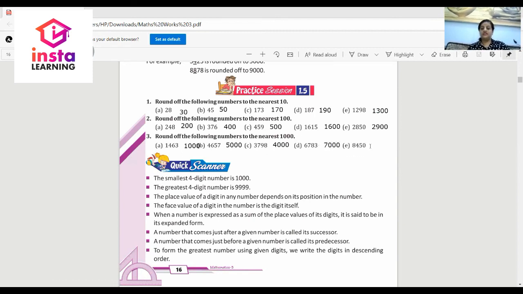Next is 8454. 4 is smaller. So 8 is going to be the same and the answer will be 8000. That's it. We have done rounding off numbers also.